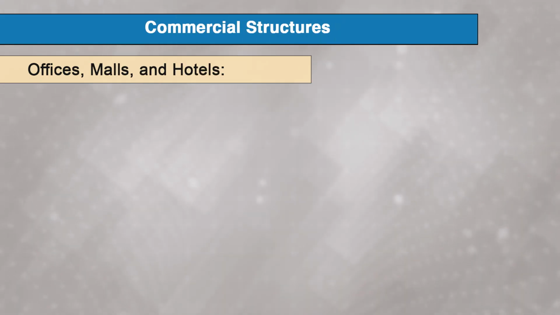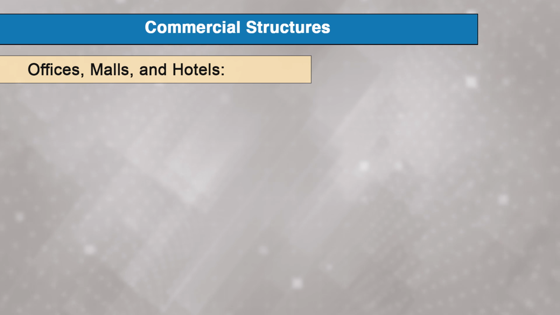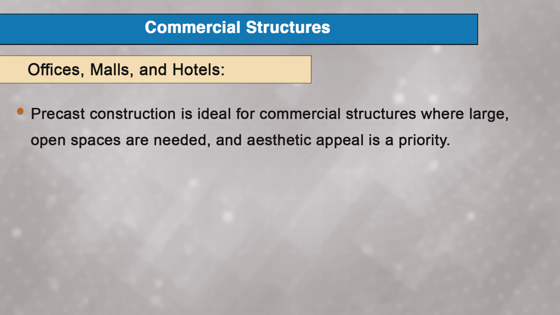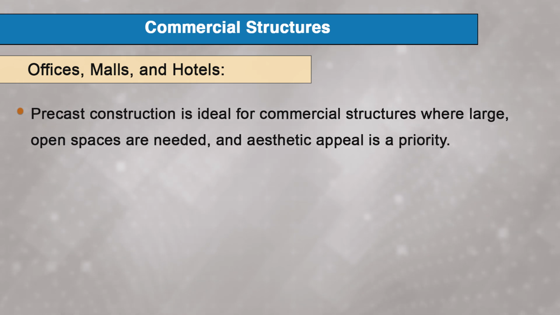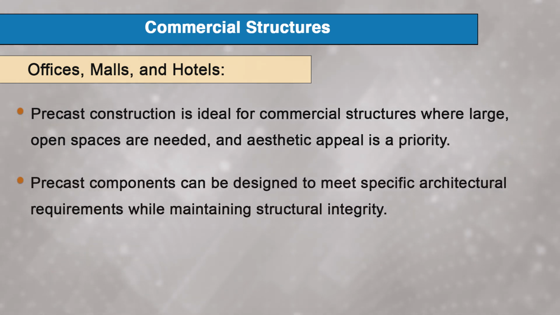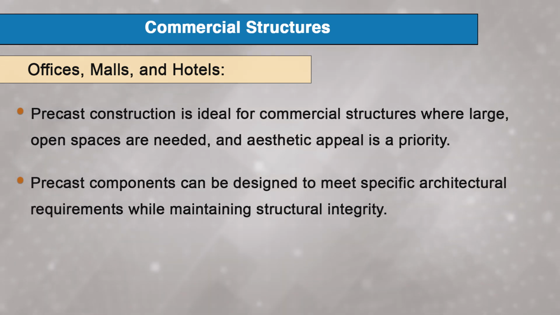The next is the commercial structures, that is the office, malls and hotels, etc. Precast construction is ideal for commercial structures where large open spaces are needed and aesthetic appeal is a priority. Precast components can be designed to meet specific architectural requirements while maintaining structural integrity.